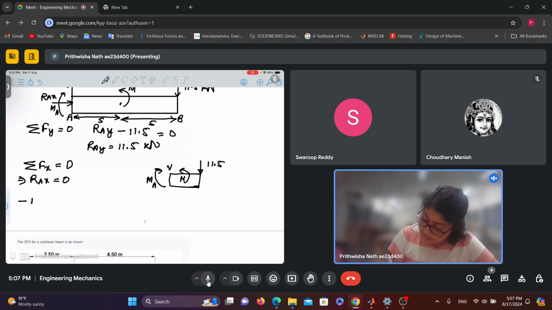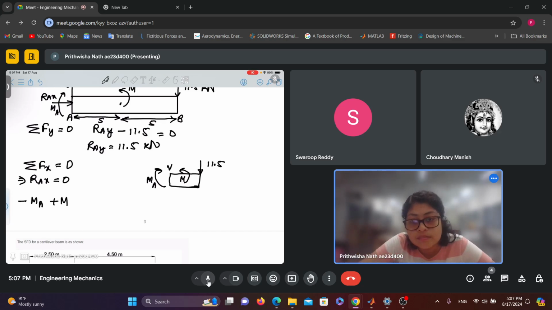So minus MA, if we consider anti-clockwise direction to be positive, minus MA plus M. This 11.5 is causing clockwise or anti-clockwise moment? Can you tell me?